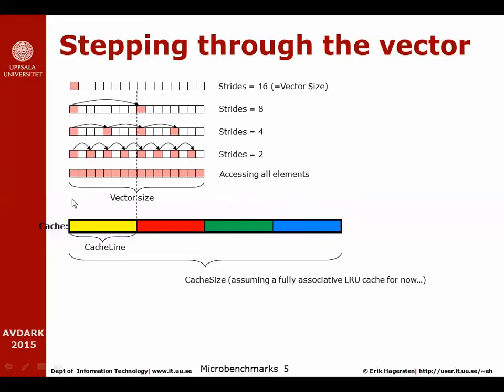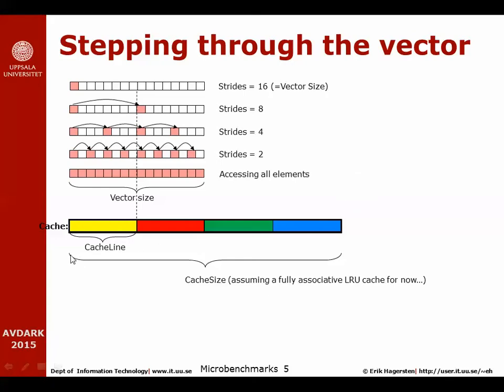So each cache line can hold up to 8 of these vector elements. But we don't know this, so our goal is, given that we measure the average access time in these experiments, to try to guess what the size of the cache is and what the size of the cache line is.